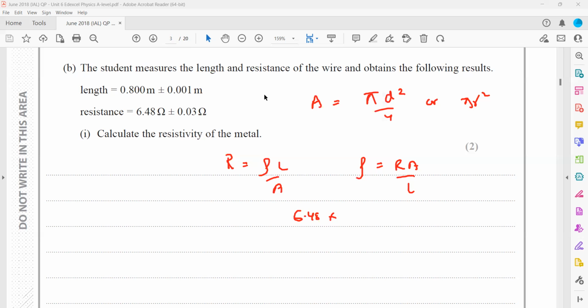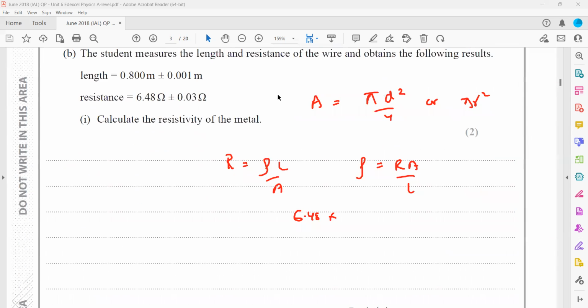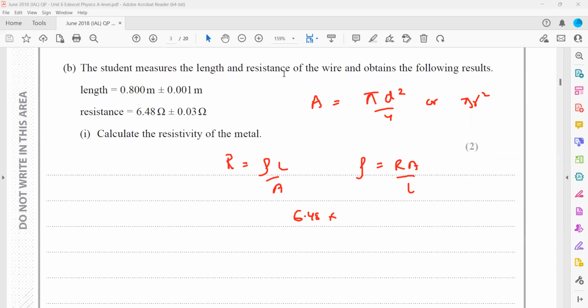The diameter is given in the previous part, that is 0.275. So it will be pi times 0.275 squared divided by 4, so 3.14 times 0.275 squared, and this whole is divided by 4.